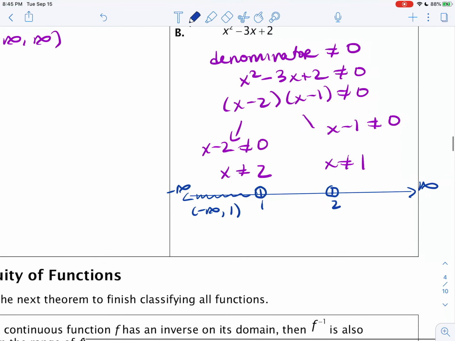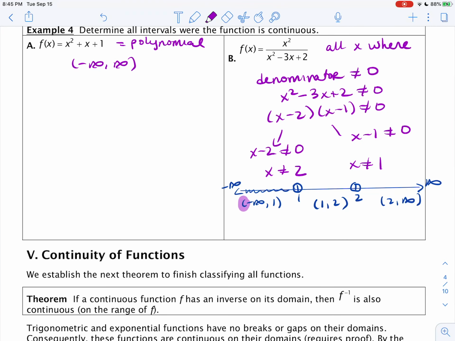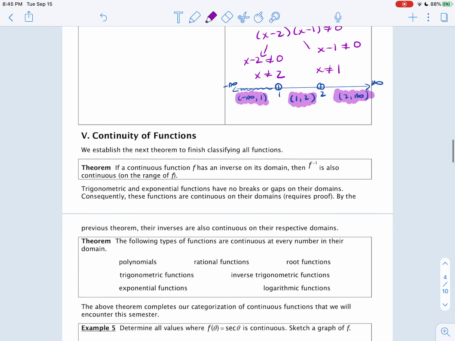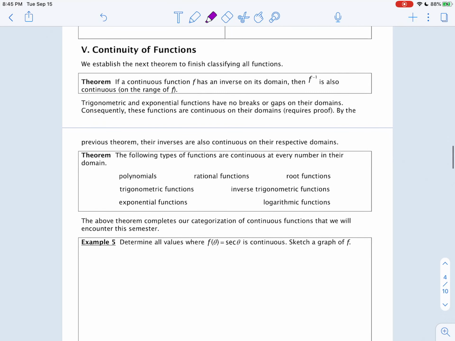Open rounded interval notation, not square, because square would mean that 1 would be included. We would have 1 to 2, and then we would have 2 to infinity. Good. And that would be our answer. Those are the intervals where our function is continuous.